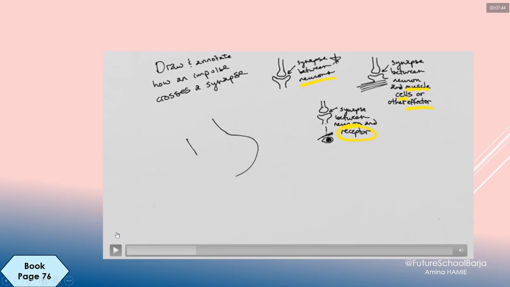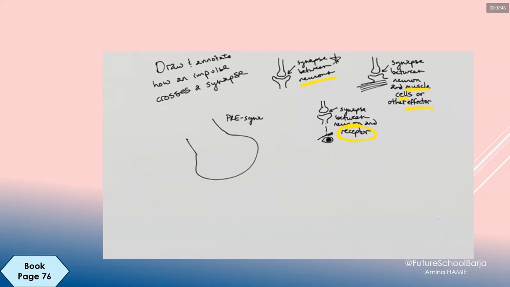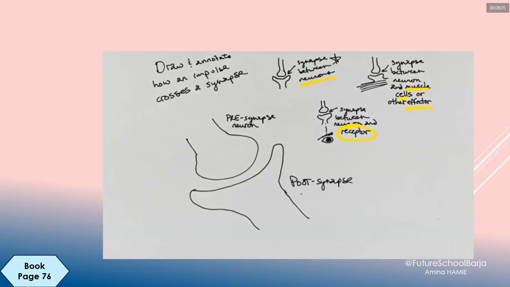So the end of a neuron, we call this the presynaptic neuron because it is before the synapse. And then we're going to leave a little bit of a space, and then we're going to kind of create like a cup for that end of the synapse. And this is going to be our postsynaptic neuron. So presynapse and postsynapse.